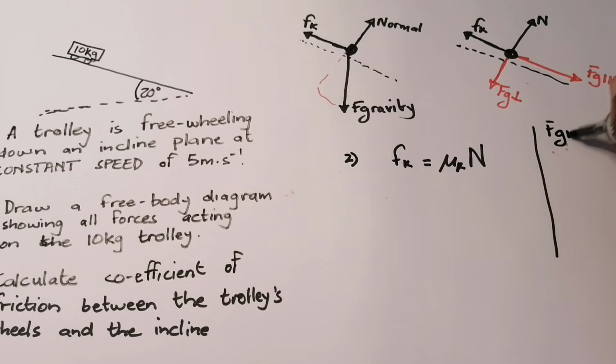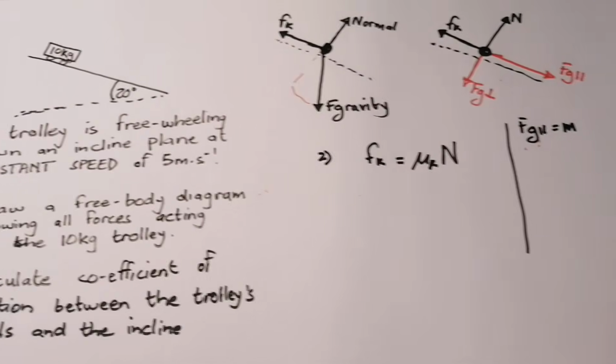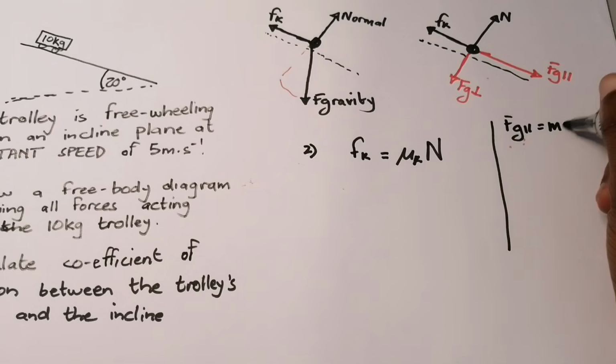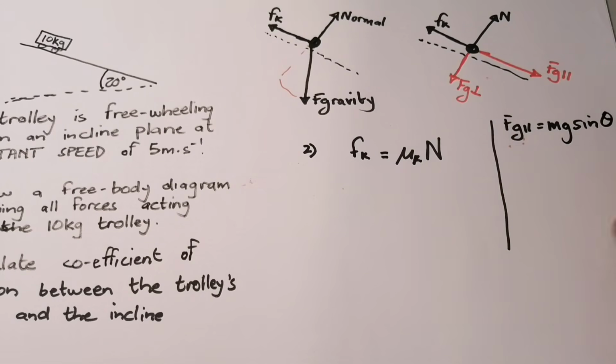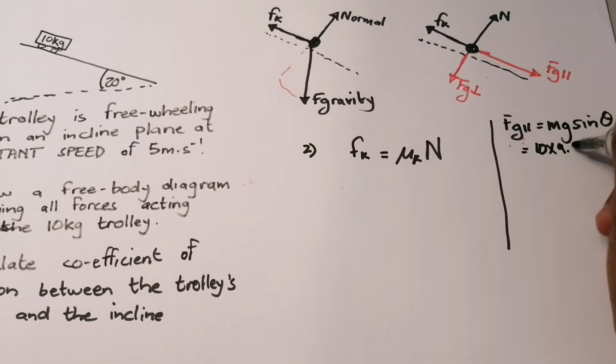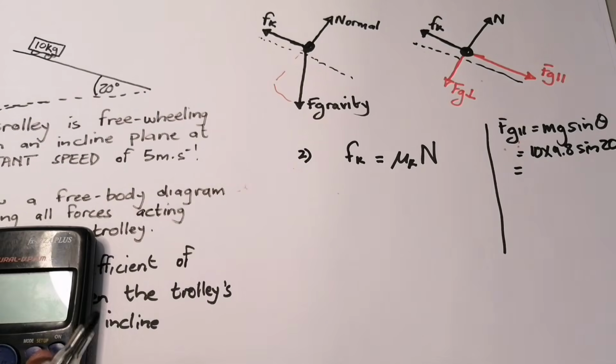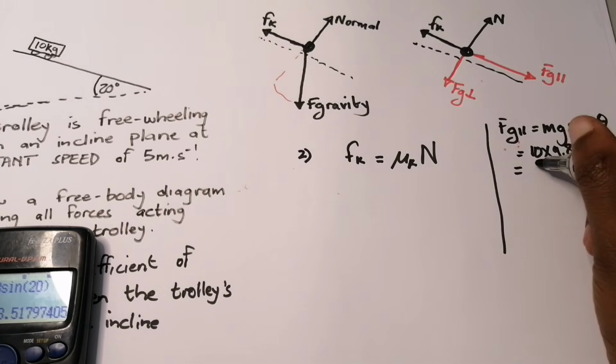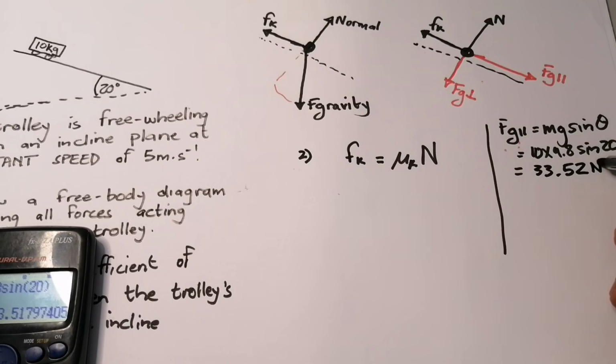So I know FG parallel is mg sine theta. So this is going to be 10 times 9.8 times the sine of 20, and I get 33.52 newtons. That's my force of gravity parallel.